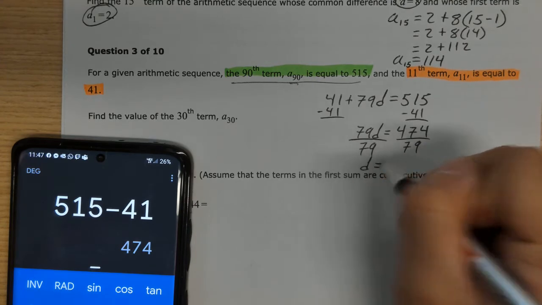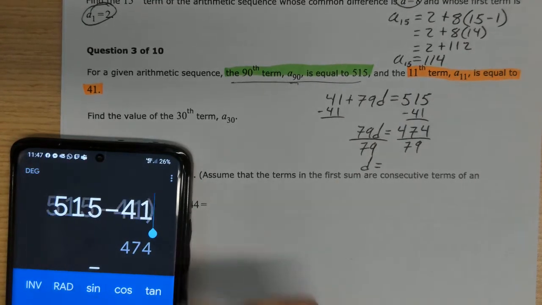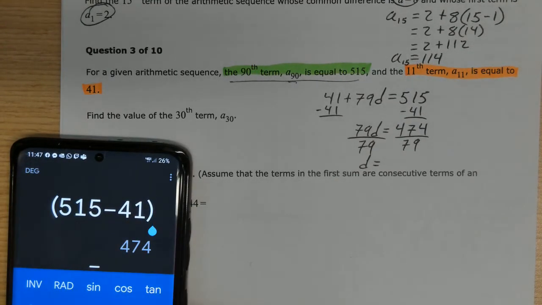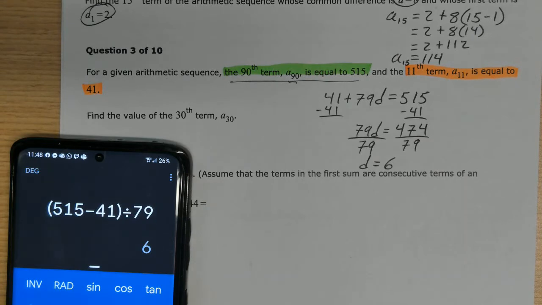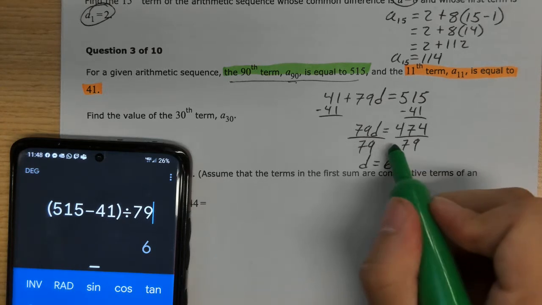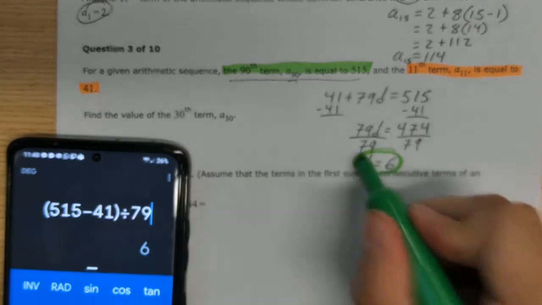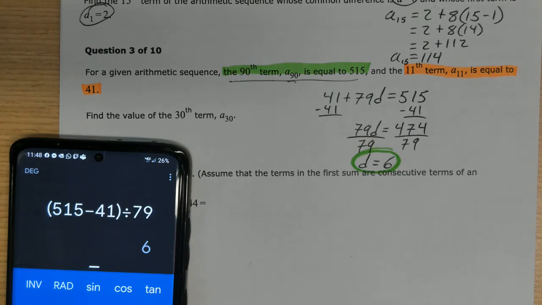So D will be all of this divided by 79, which gives me 6. So D is equal to 6. That's the common difference.